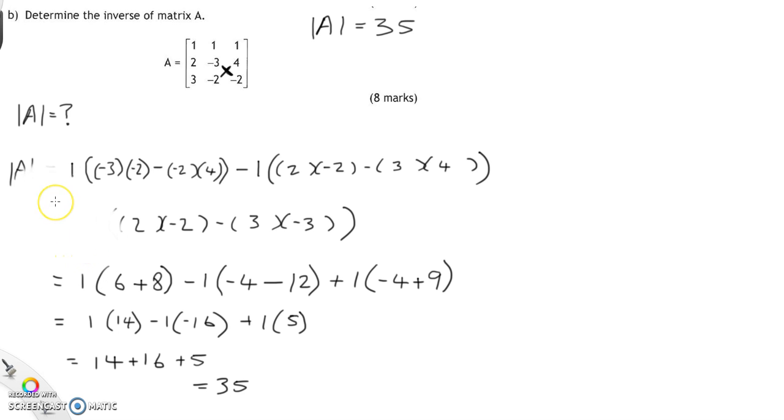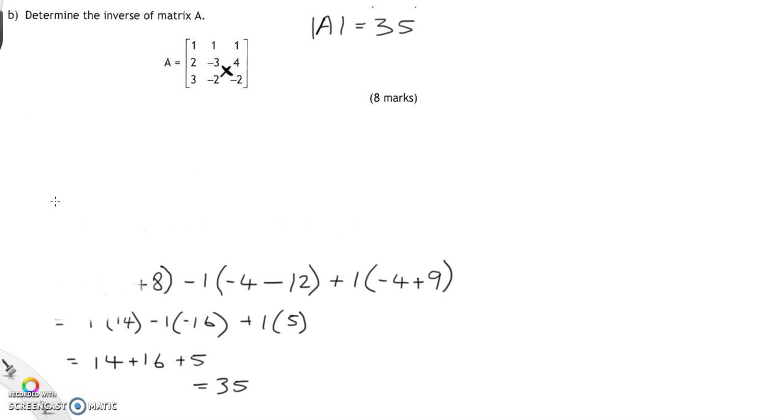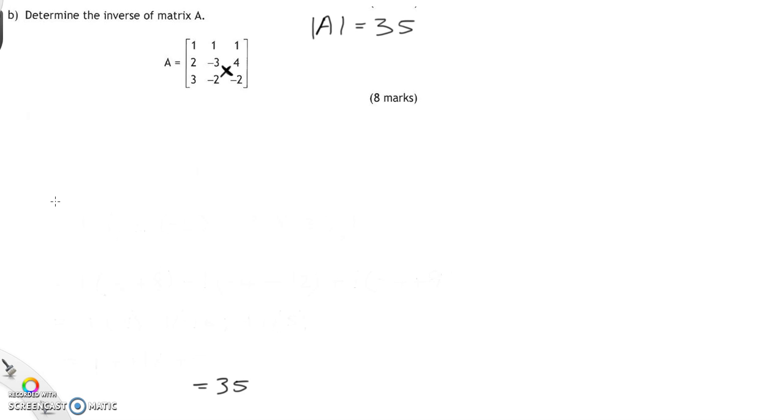And I'm going to do some space clearing. Right. Next up. Next we need to create the matrix of cofactors. We need the matrix of cofactors, which is C. It's denoted usually with a C. And this is done like so, right?